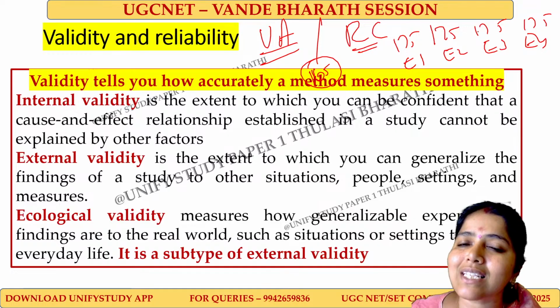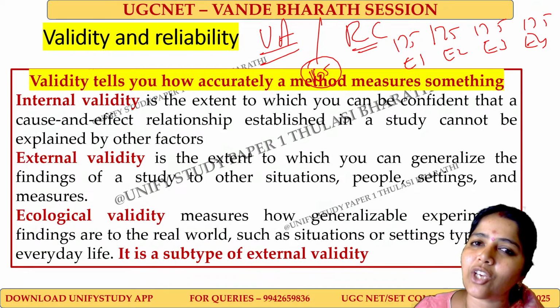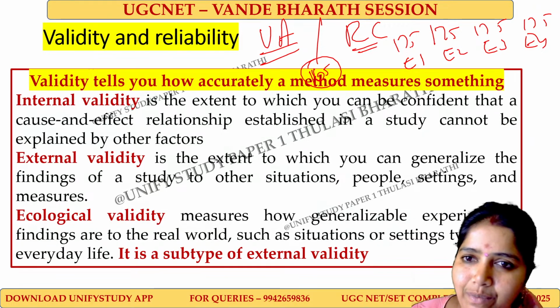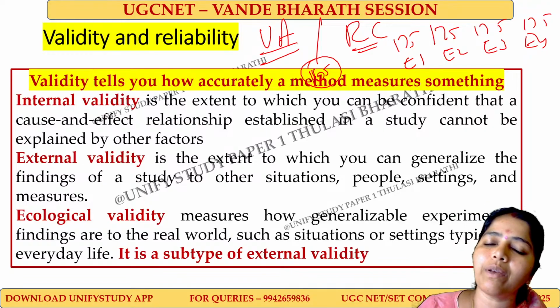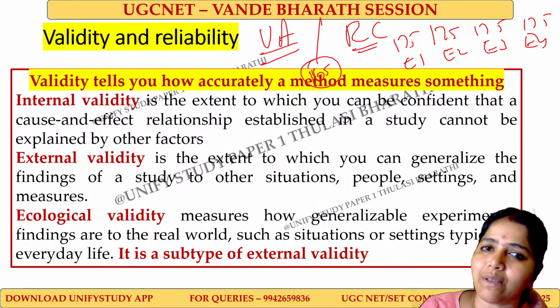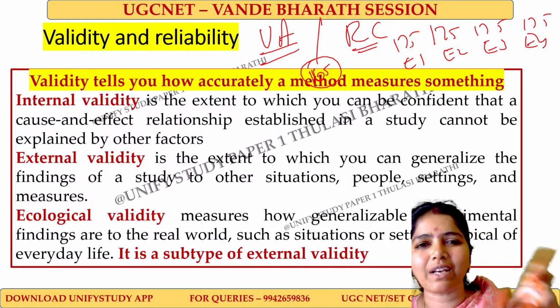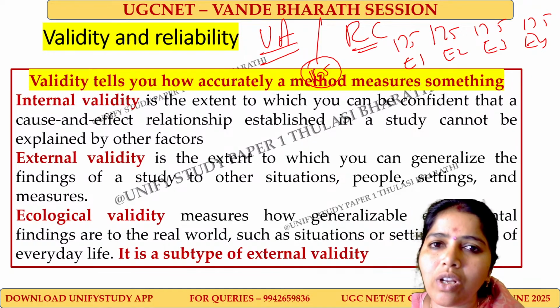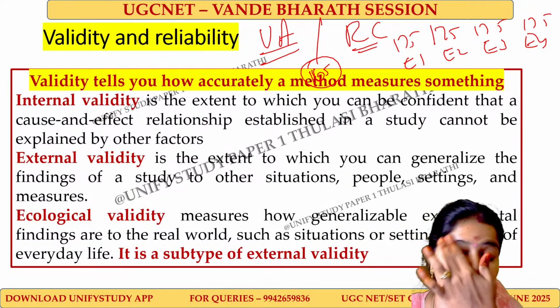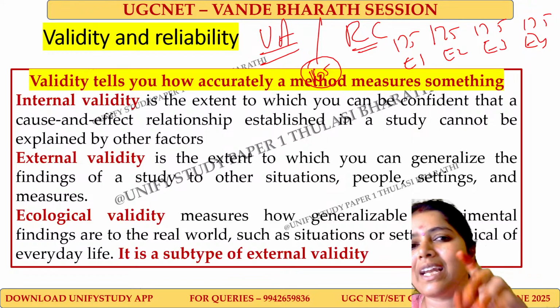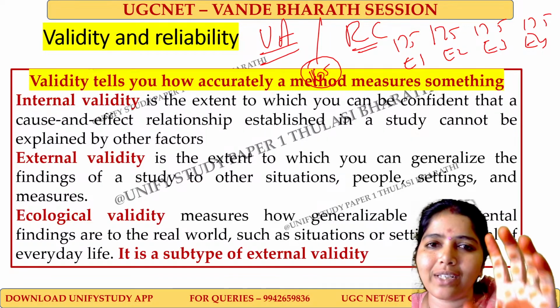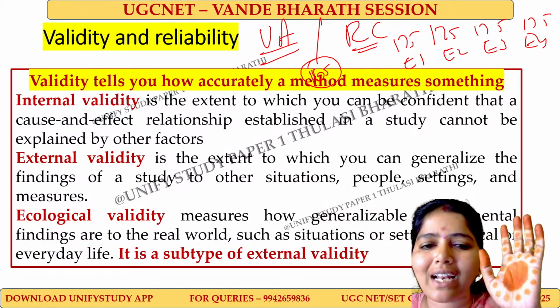Even though it consistently comes the same, the accurate value of my height is 165. You got it? So more than reliability, validity is important. If it is valid and accurate, definitely it will be reliable, no issues at all. But more than reliability, a tool should be valid and accurate. The results given by that should be valid and accurate.